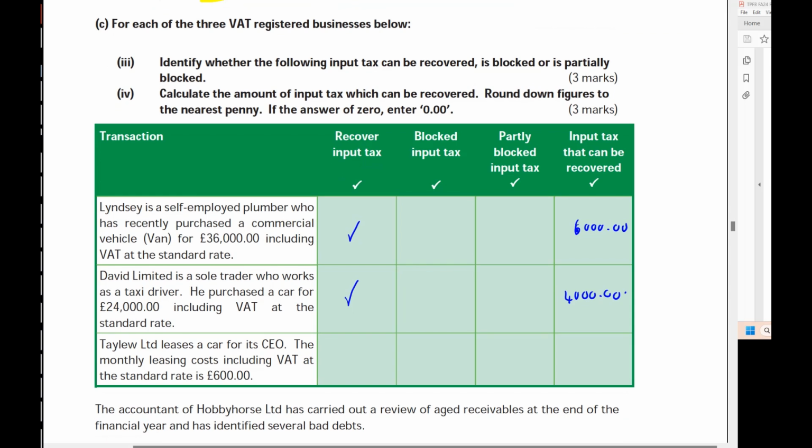And then lastly, Taylor Limited leases a car for its CEO. The monthly leasing cost, including VAT at the standard rate, is £600. Let's have a look at our rules.